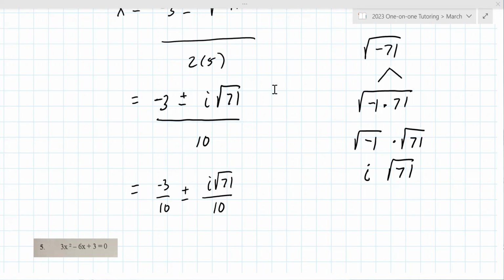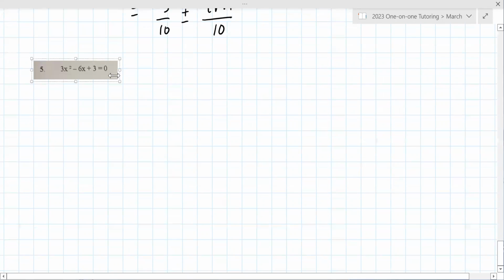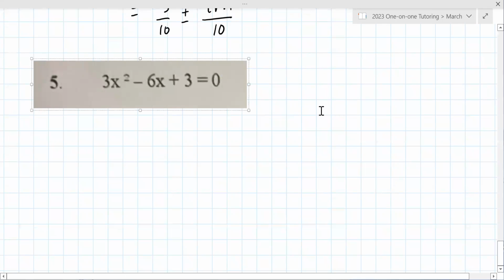Okay, yeah, this one's okay. So why don't you try number 5 on your own? As always, if you have any questions, let me know. You just have to specify A, B, C, and put it in the quadratic formula, work it out. It does work out nicely. All right.